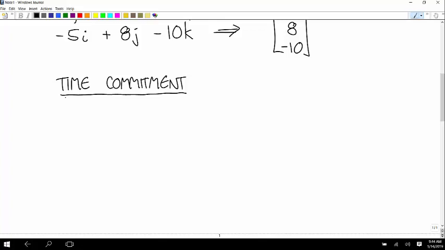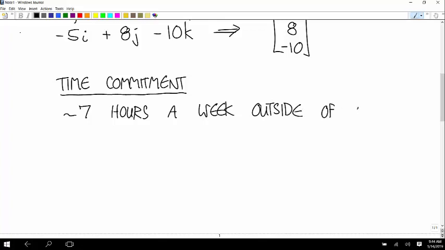If you don't do dynamics homework Tuesday and Thursday, then you're going to have to do 2 hours on Monday and 2 hours on Wednesday or something like that. So about 7 hours a week outside of class.